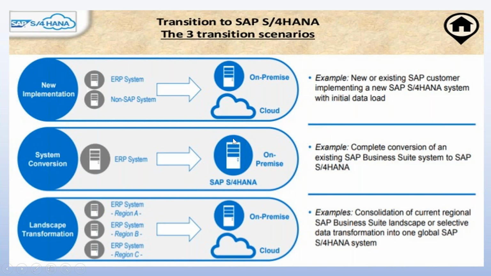Suppose you have your existing SAP system, that is, your customer is using SAP ECC 6.0, EHP7 and above. The minimum requirement to do the system conversion or migration is that you should be on ECC 6, EHP 7 and above.